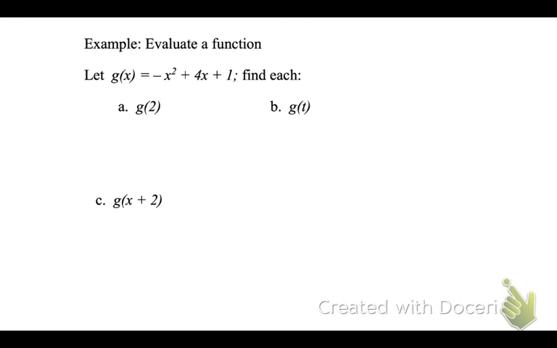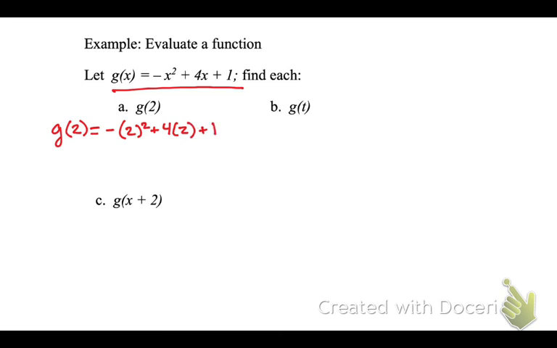Okay, find each. So this says g of x equals negative x squared plus 4x plus 1. The first one says g of 2. So g of 2. What did x turn into? 2. So what do all your x's have to turn into? 2's. So I have negative 2 squared plus 4 times 2 plus 1.